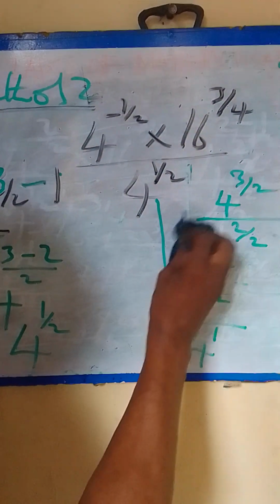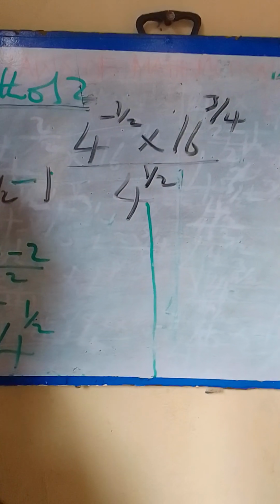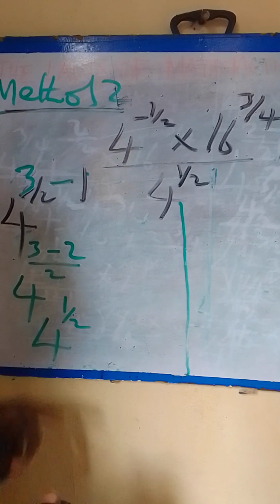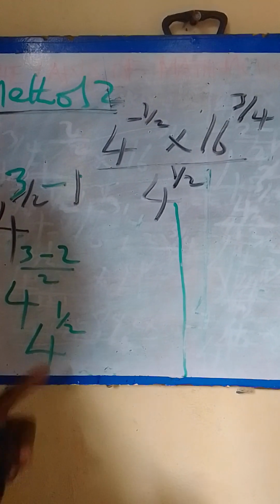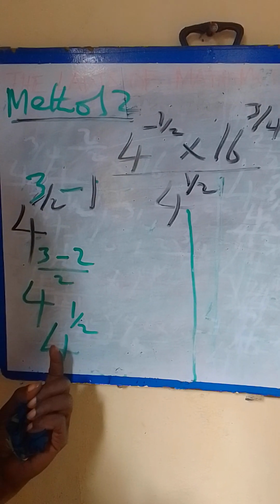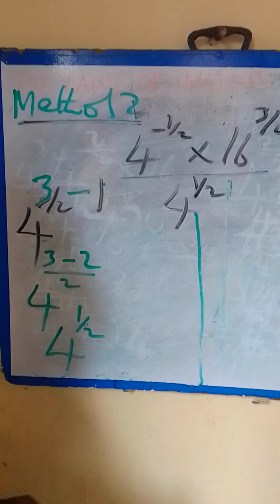So in this case, we have the number 4 raised to power half, and this is the numerator, this is the denominator. So when you have fractional indices like this, positive indices, the base will now look for the root, and since the denominator is 2, it is the square root.